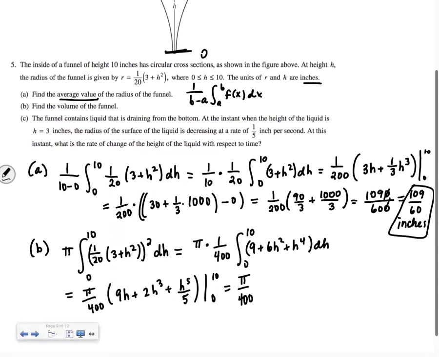And if you're running out of time on your AP test, it's fine. You're probably going to miss 1 point for not getting this totally simplified. So I'm plugging in 10, so I get 2,000 for the 9h plus 2h cubed part, and for the h to the 5th over 5 part, 10 to the 5th is 100,000 divided by 5, so I get 20,000.